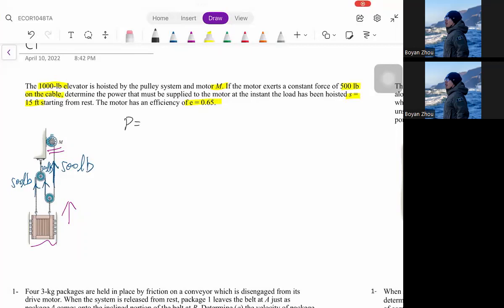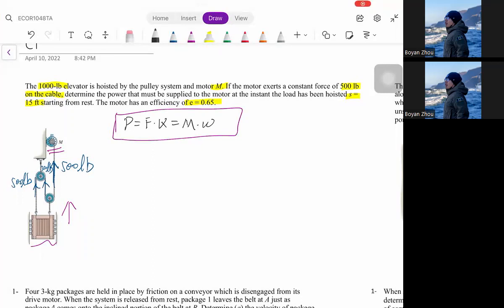Power is equal to the force times the velocity. That is the linear power. In the future, you're also going to see power equal to M times omega, the moment times the angular velocity. That is the equation for power on the mechanical side.